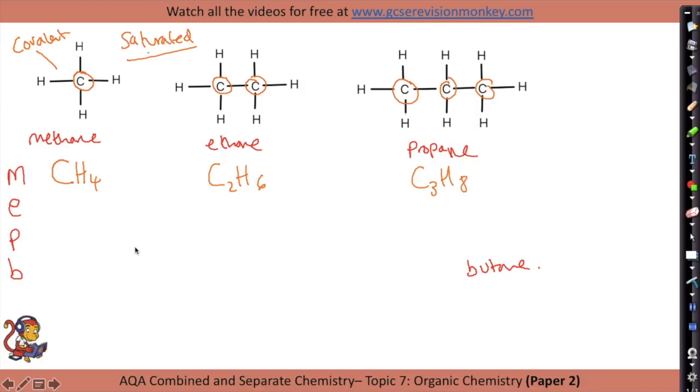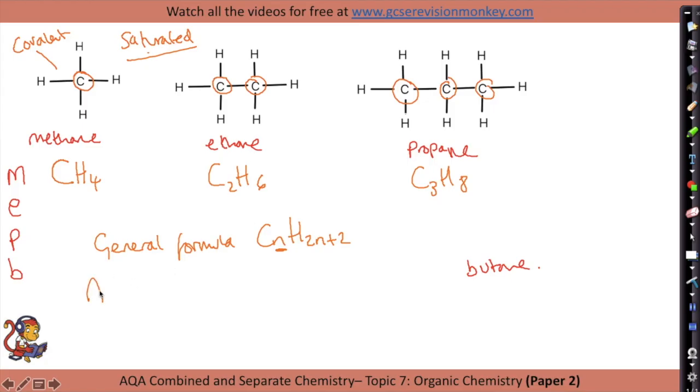The general formula for these molecules is CnH2n+2. All that means is for whatever number you have for n, to work out the number of hydrogens, you double it and add 2. For example, if you double 2 and add 2, you can work out that it has 6 hydrogens.